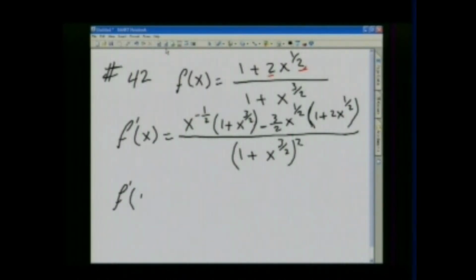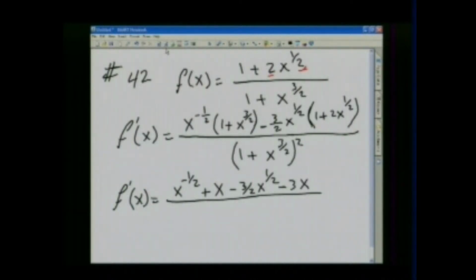Therefore, f prime of x equal to x to the minus 1/2 plus, 3/2 and 1/2, it would be only 1, so it would be plus x to 1, minus 3/2 x to the 1/2, and minus 3/2 times 2 is 3, minus 3x to 1, divided by 1 plus x to the 3/2 squared.